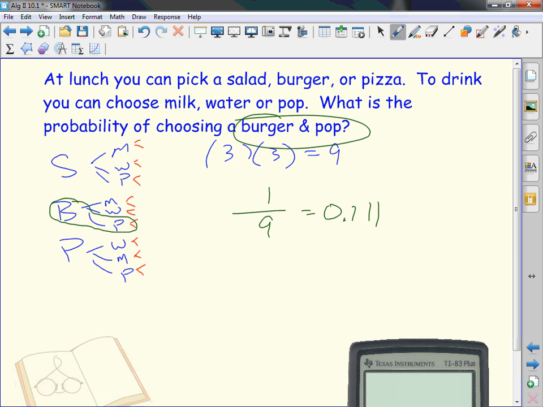Why is 1/3 the same thing as 3/9? 3/9 means 1/3. So as a percent, 11.1%. You move it over 2 places always.